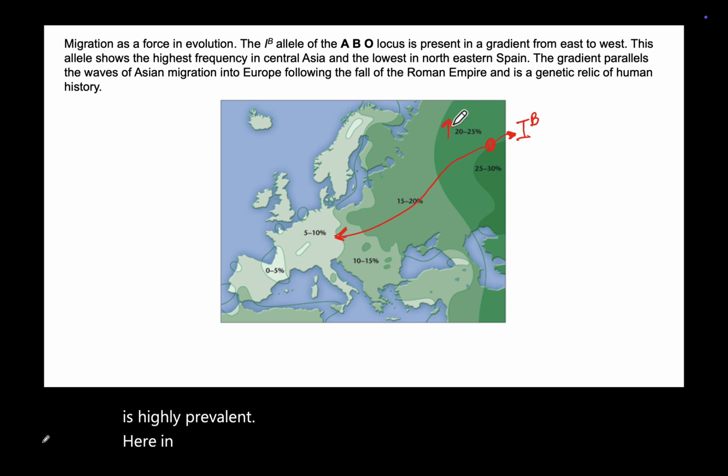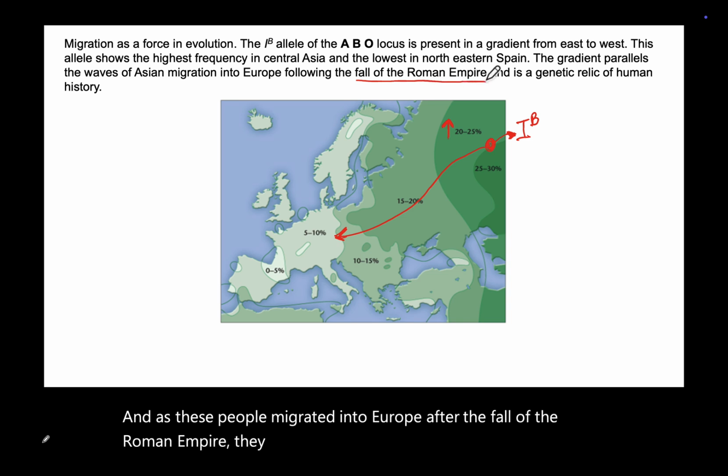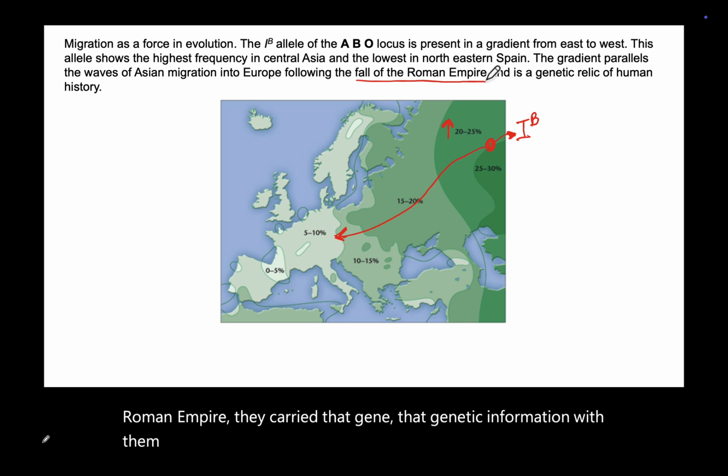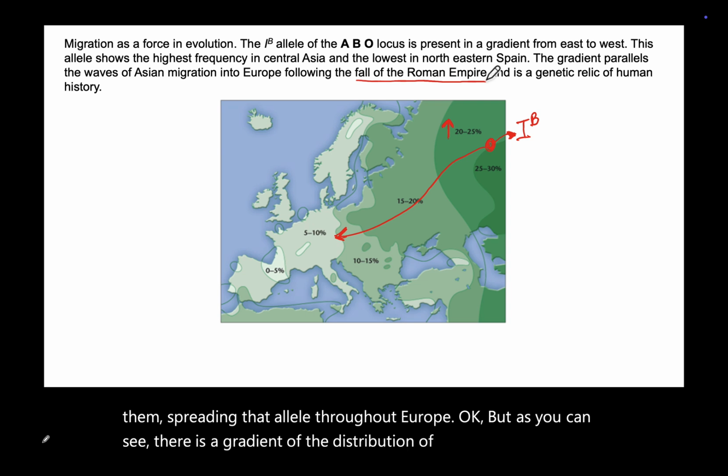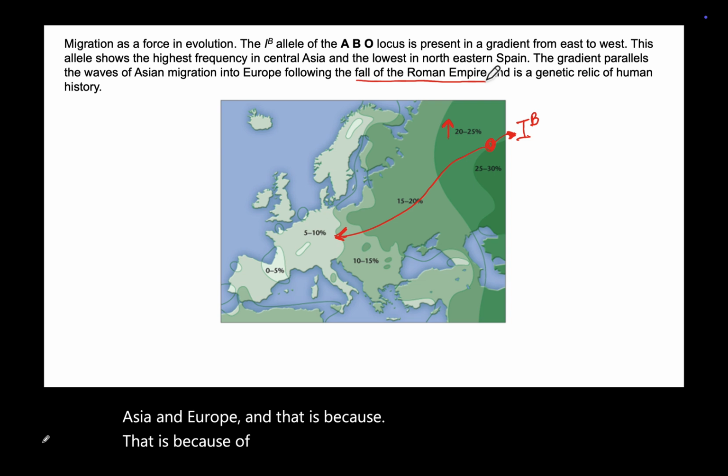And as these people migrated into Europe after the fall of the Roman Empire, they carried that genetic information with them, spreading that allele throughout Europe. Okay? But as you can see, there is a gradient of the distribution of this allele between Asia and Europe. And that is because of the migration that happened right after the fall of the Roman Empire.